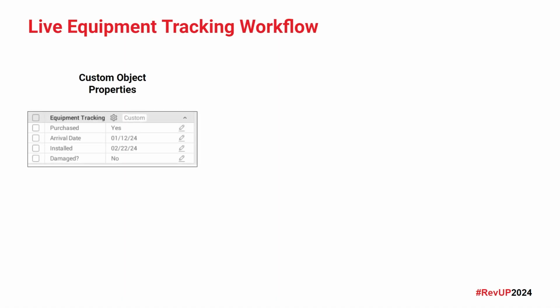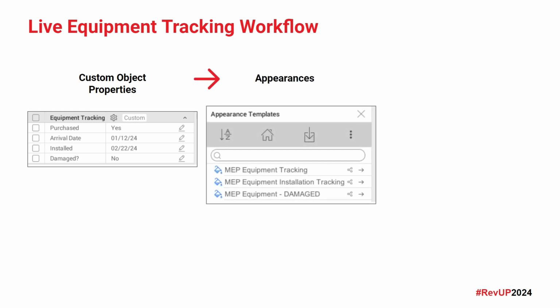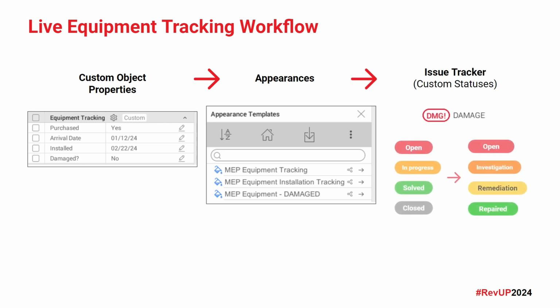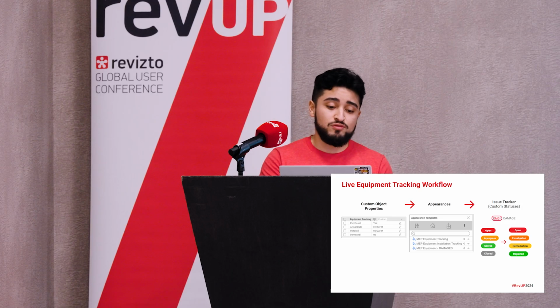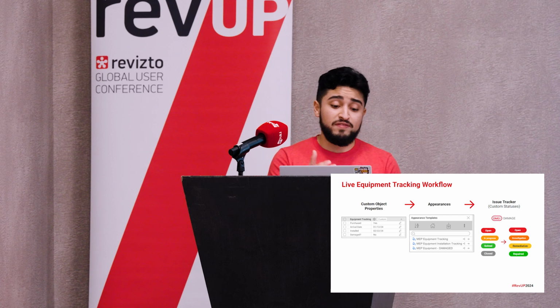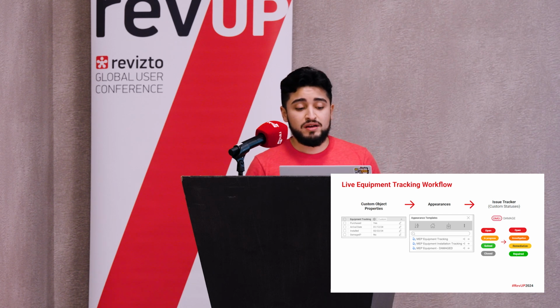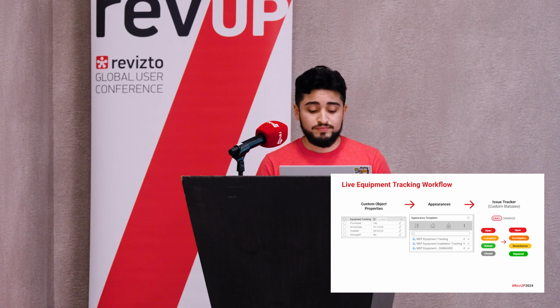So before we get into the live workflow here, I want to hit on some similar items that David was going through, but just lay out the path we're going to take. So we're going to start at those custom object properties, making equipment tracking property sets, and deriving them into purchase, to arrival, to installed, and if that equipment may have received damage going into install.